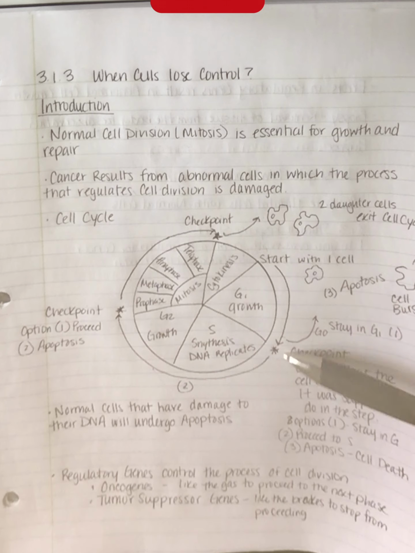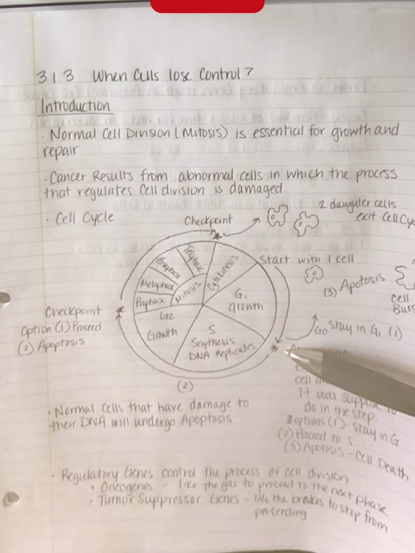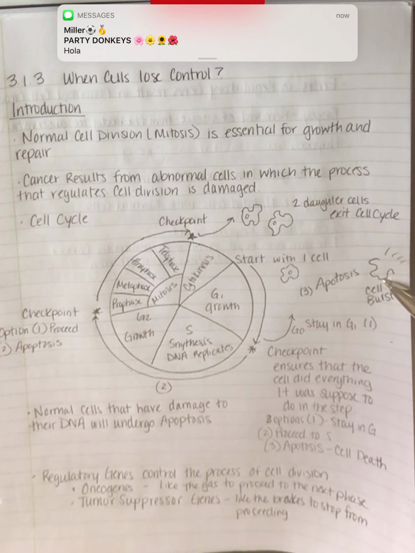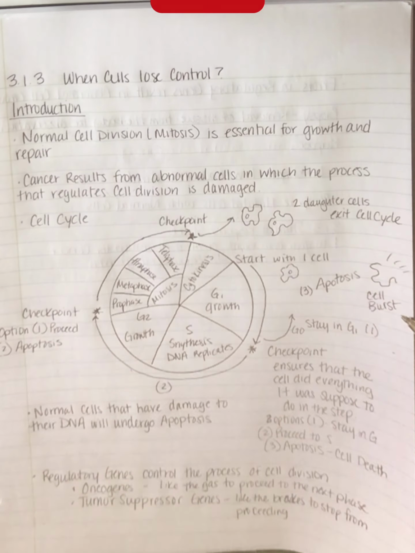Another option when we get to this checkpoint, if not everything is done or there's problems, the cell will get a signal to apoptose, which basically means the cell bursts open and the cell dies. So these checkpoints are really important for the completion of the cell division process.